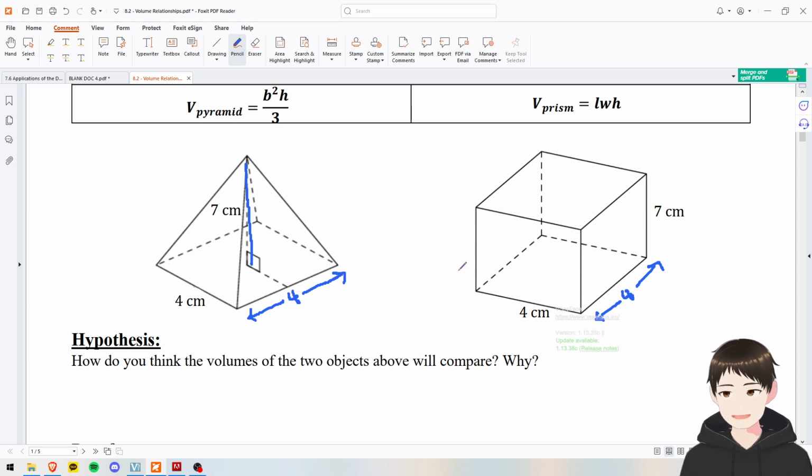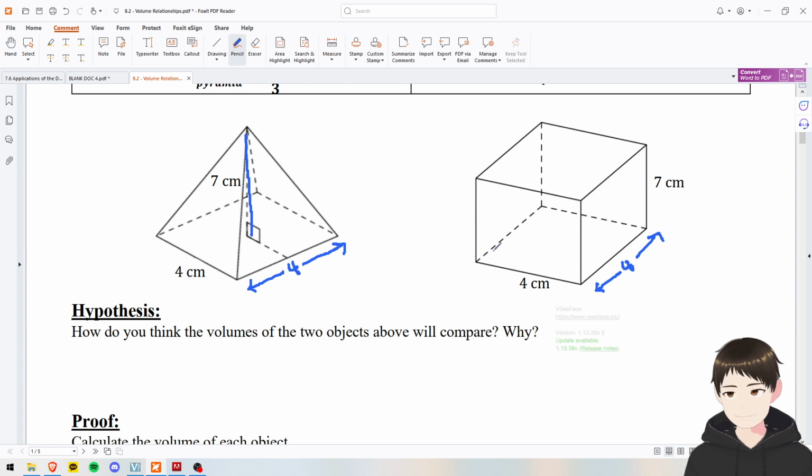So in terms of dimensions, they're very similar, if not identical in terms of side and height. But obviously, the shape of it is different. Because the dimensions are the same, I think you can argue there's going to be some kind of numerical relationship between the two. So how do you think the volumes of the two objects above will compare?